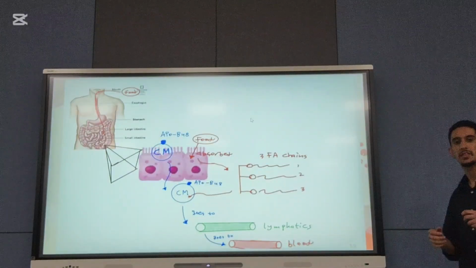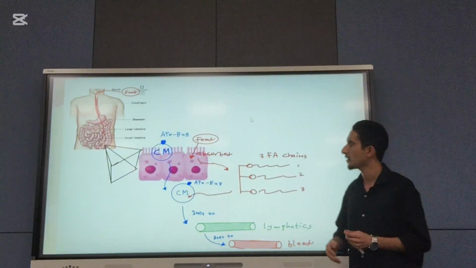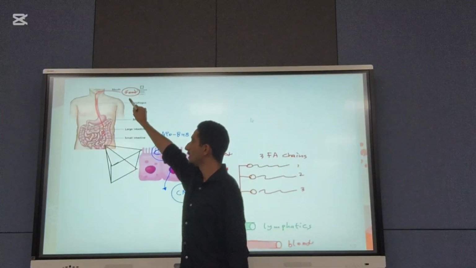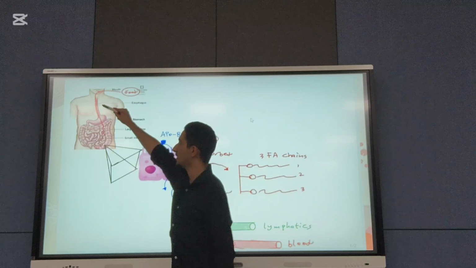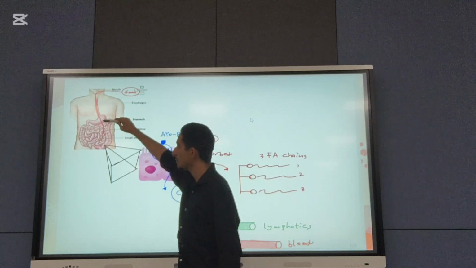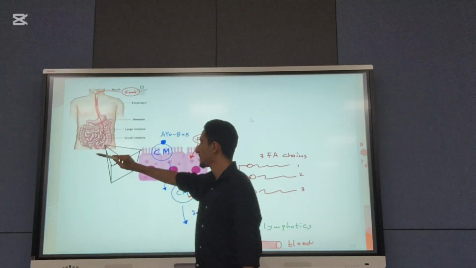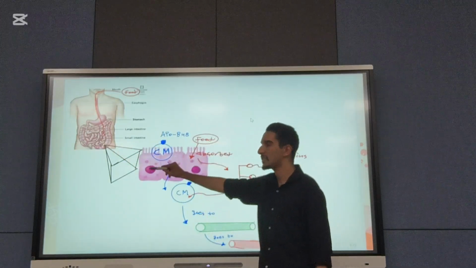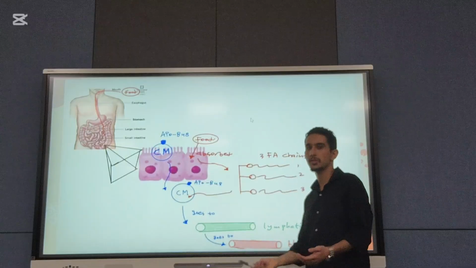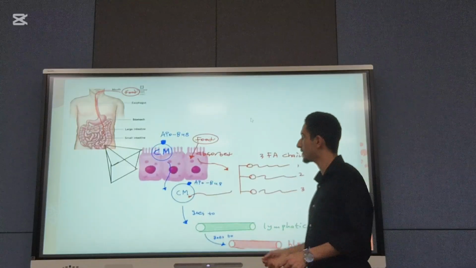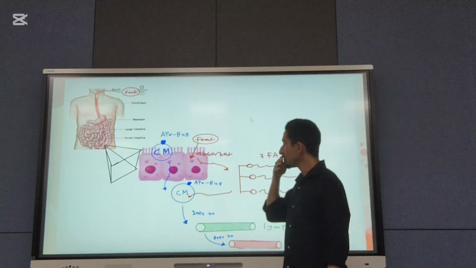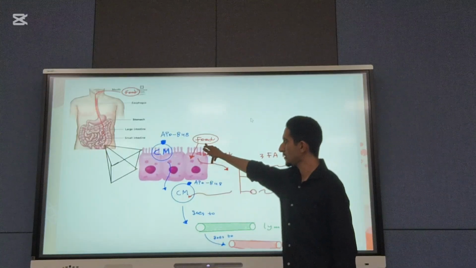Now we'll talk about the real story. You have here food. Food goes down the gastrointestinal tract to the stomach, to the small intestine. Here in the small intestine we have the small intestine cells. They are responsible for absorbing food, nutrients and everything. Here is the food we took.